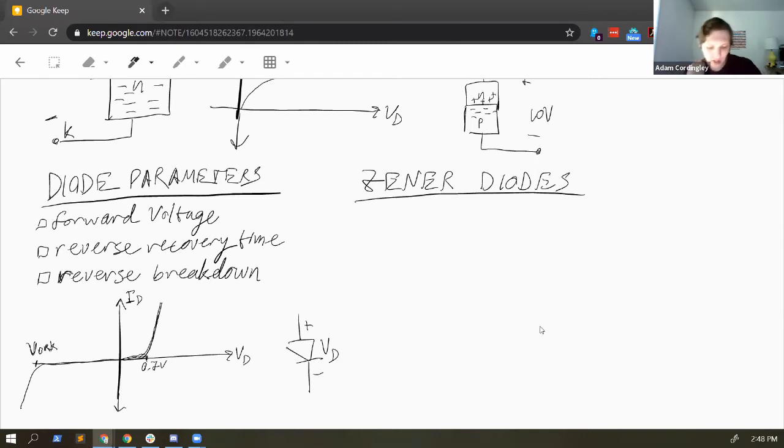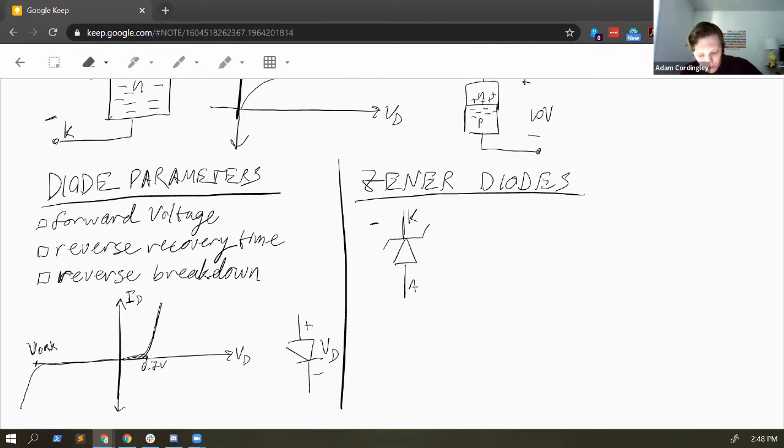So what a Zener diode is, let's draw its symbol first. I'm going to draw it like so. It's got these funny arms like this. When your voltage is across it like this, it acts like a normal diode. This is still anode, this is still cathode.